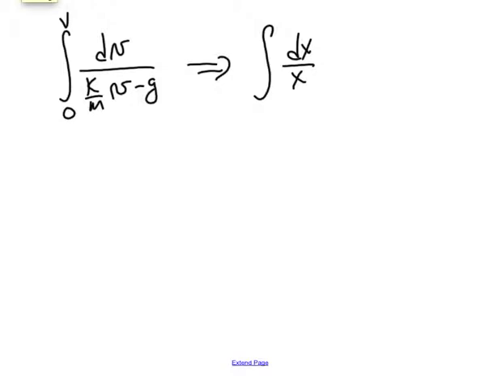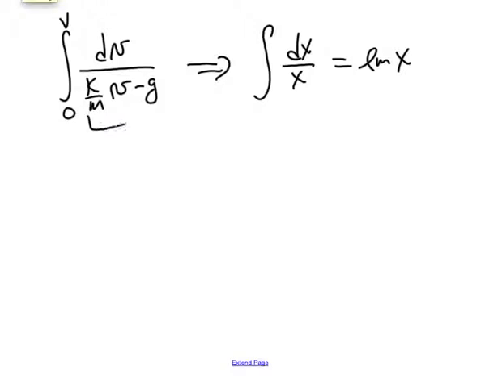X is sort of v, but on the bottom I don't quite have x. I have k over m times v minus g. But I'm going to do a substitution so I can make it look like this, because this right here will give me the natural logarithm of x.